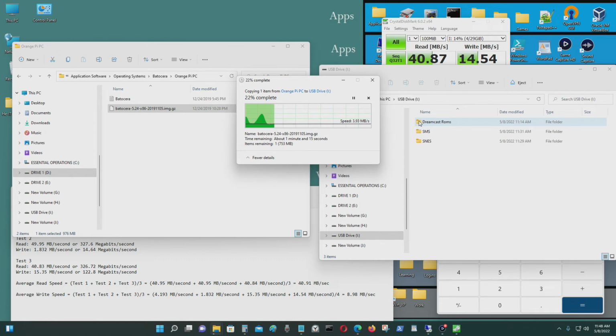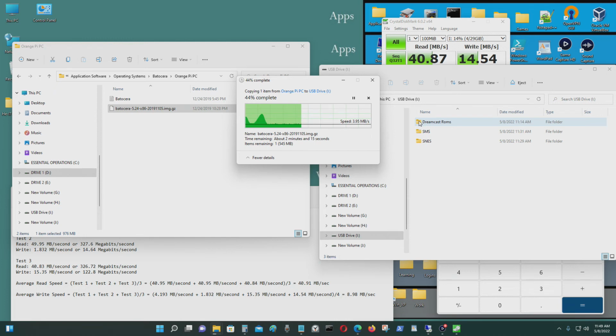The only thing consistent about this drive was the read speed, which is good. You could use this USB storage device to put an operating system like Linux or a distro of Linux, Windows operating systems or whatever, and you could use it for that purpose, or you could flash an operating system right onto the USB drive, and you could use it to run an operating system like a distro of Linux.